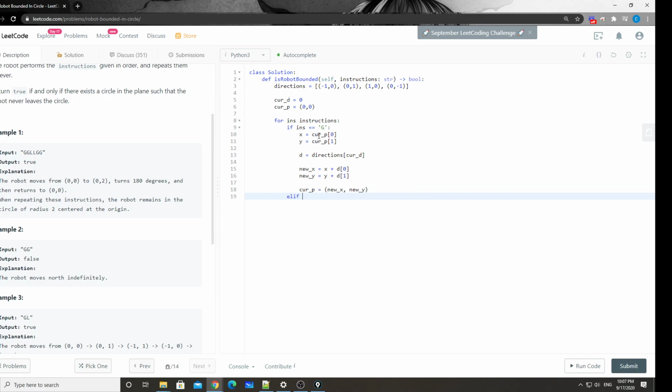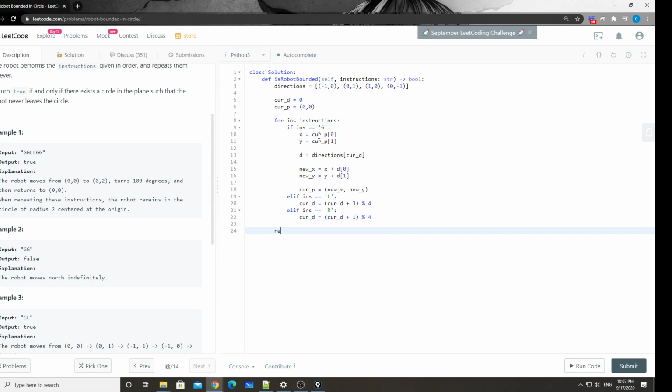Else if the instruction is left, then we simply do this: the current direction equals the current direction plus 3 mod by 4. Else if the last one is right, the current direction equals the current direction plus 1 mod by 4.